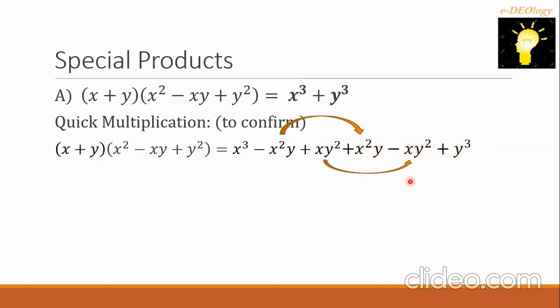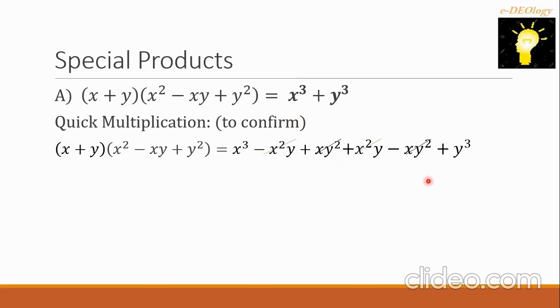And from here, we're going to look for like terms. So this negative x squared y, there is a positive x squared y here. Also, this xy squared, positive, there is another term which is the same literal coefficient, xy squared, and this is negative.